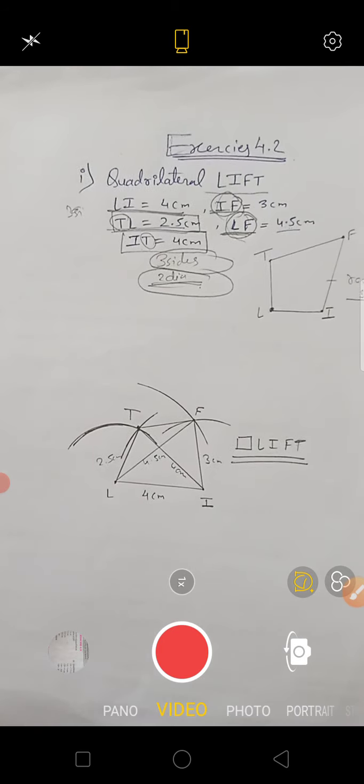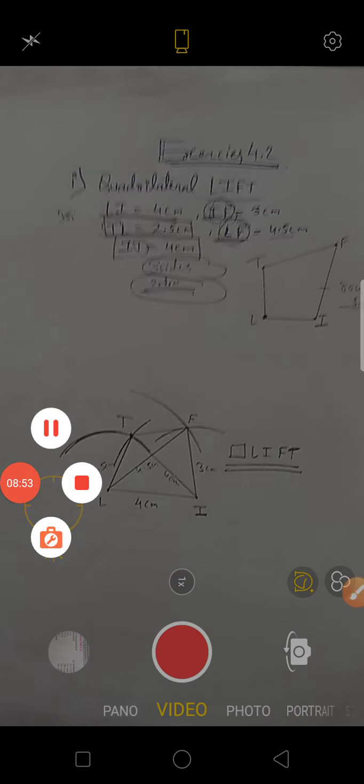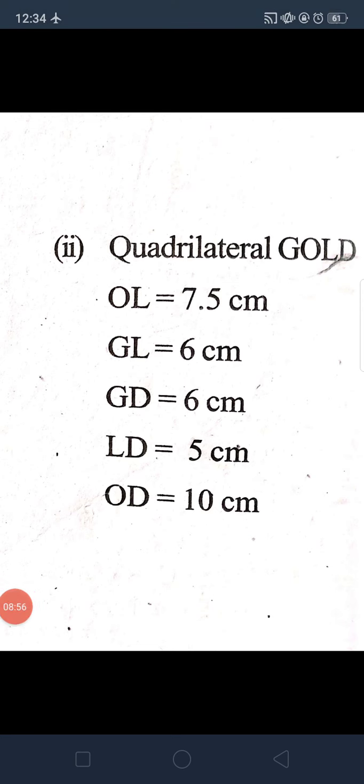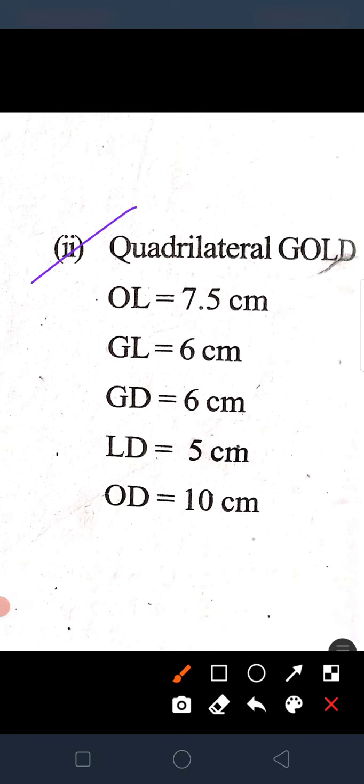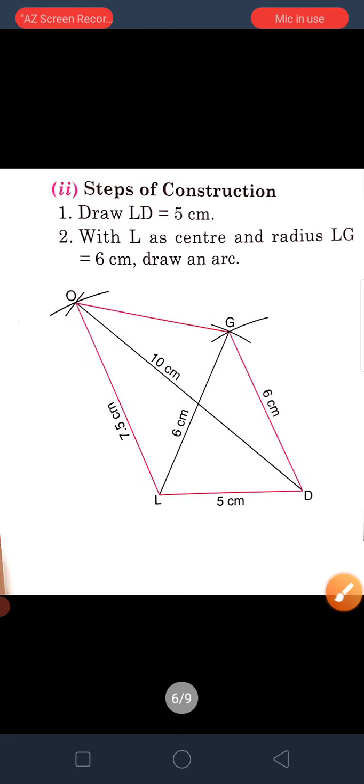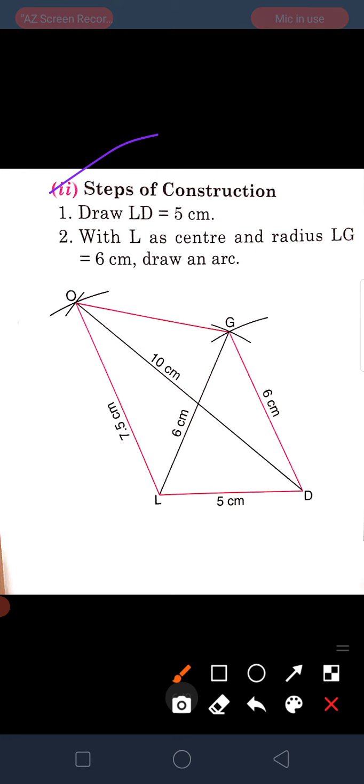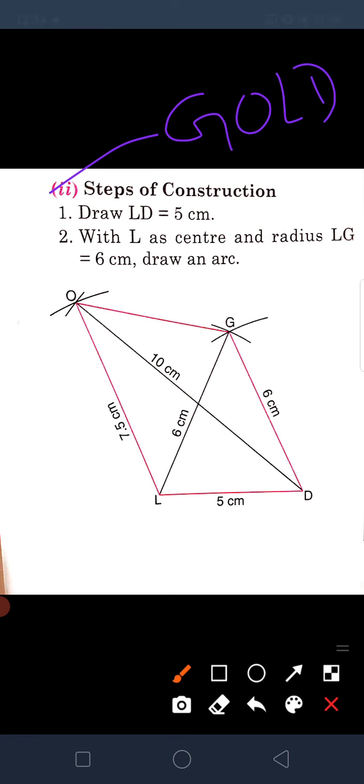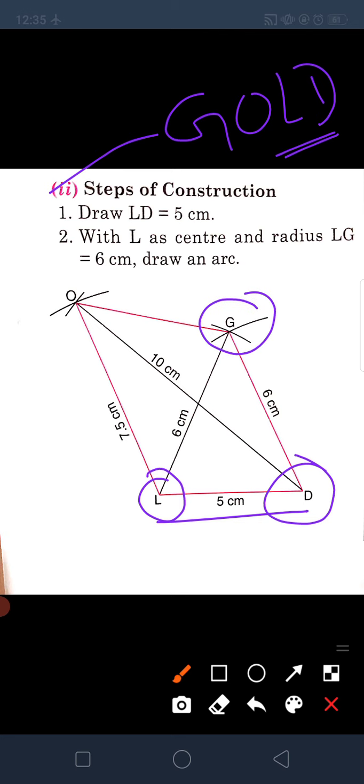Then next, the second one is quadrilateral GOLD. So plotting quadrilateral GOLD, the given 3 sides and 2 diagonals. Here I have given the steps of construction. First, for constructing the GOLD quadrilateral, we use the side value LD, then take L as center and D as center, and we plot the G point.